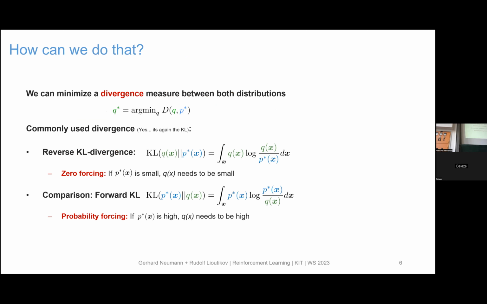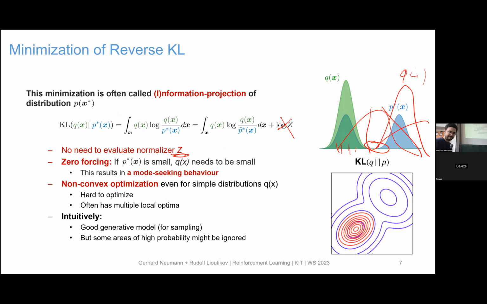And so here we see the equations. We see, okay, Kullback-Leibler divergence is not symmetric. So it makes a difference how you put the order of the arguments. So we had these two different divergences.